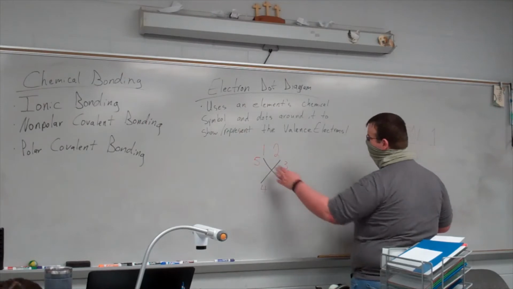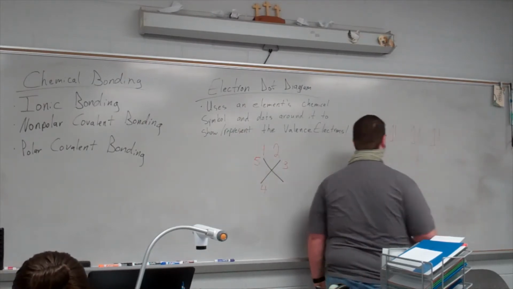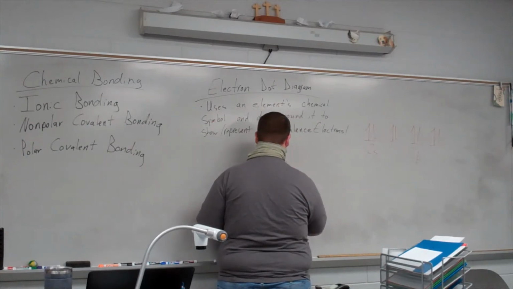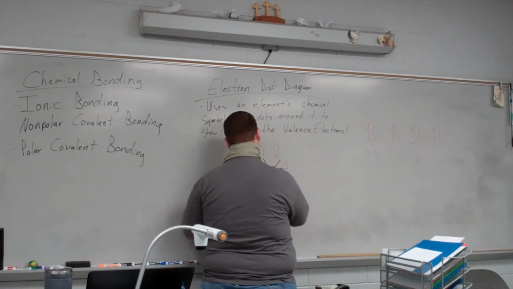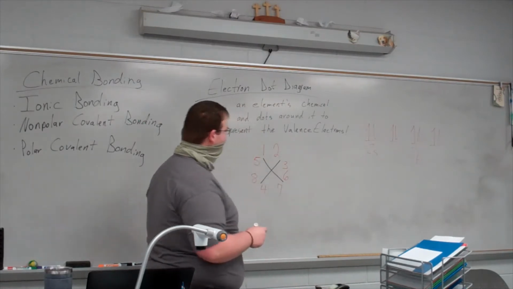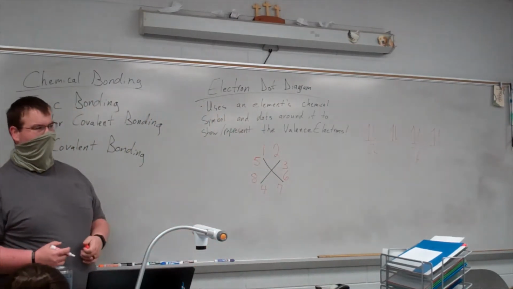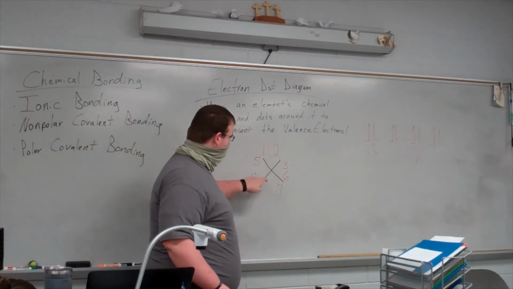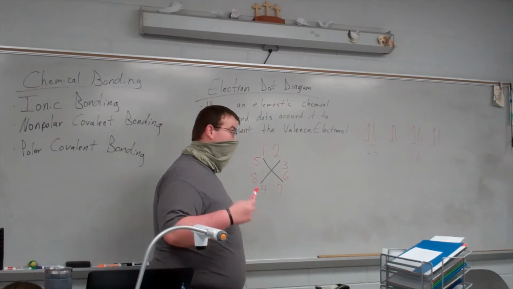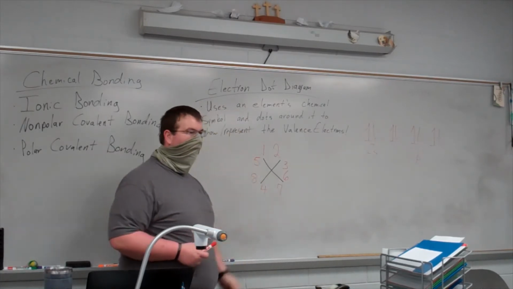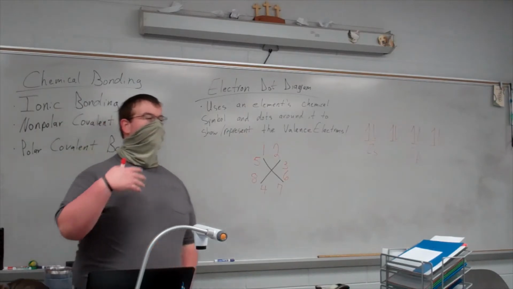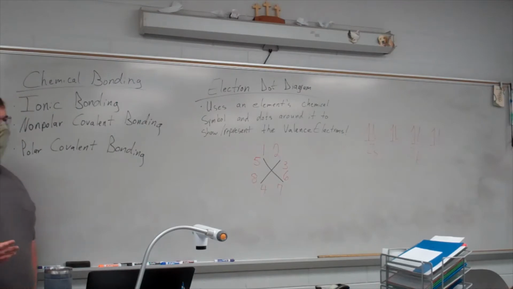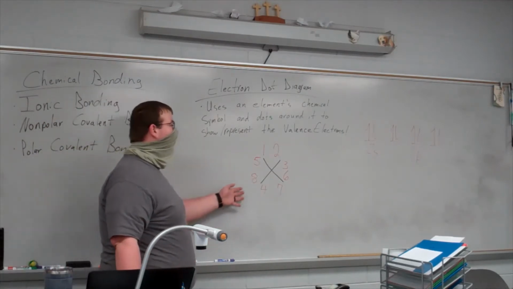And the 8th electron is with the 5th electron. 6, 7, 8. That's the pattern of how these are filled. So 1, 2, 3, 4, 5, 6, 7, 8. And it matters. I'm going to give you a question whenever you have your next quiz, and you have to follow this pattern.